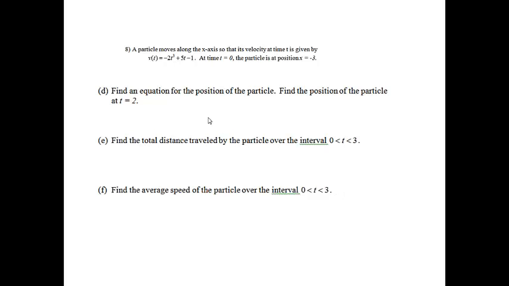Find an equation for the position of the particle. So the position, I'm at velocity. To get to position, I know that I need to take the integral. So we're going to take the integral of velocity. I did call it x because it said it's moving along the x-axis. The integral of velocity would be the integral of -2t cubed plus 5t minus 1. I'm going to take the integral of each part separately.